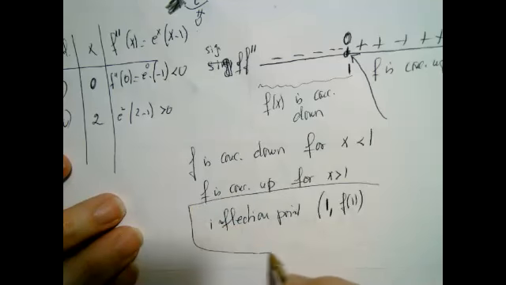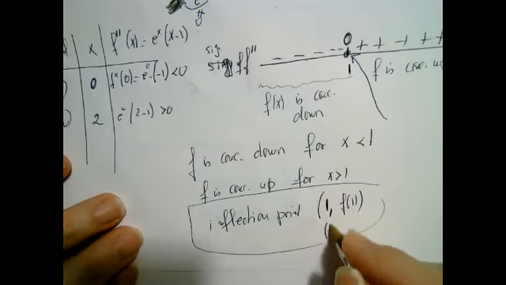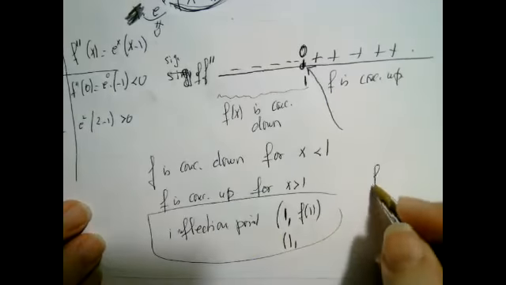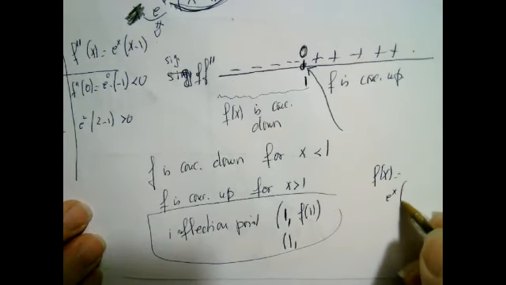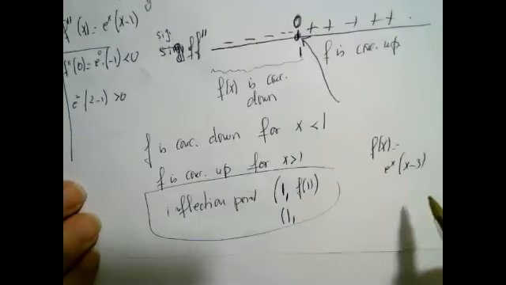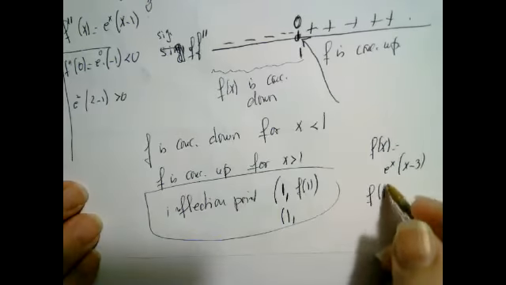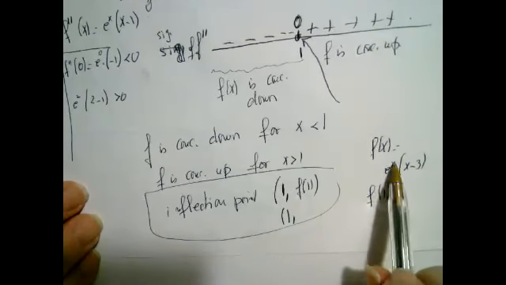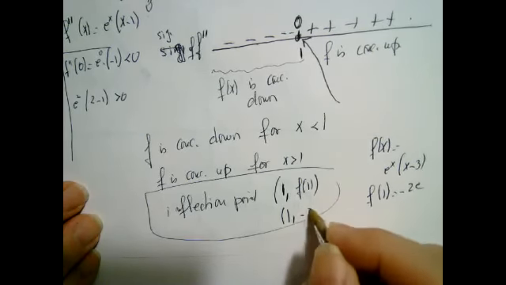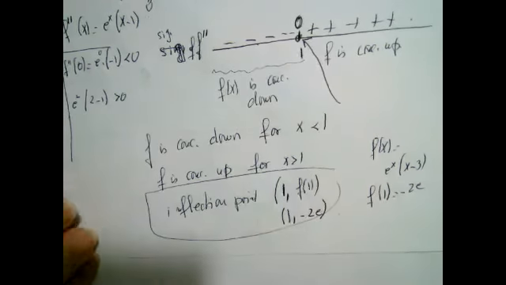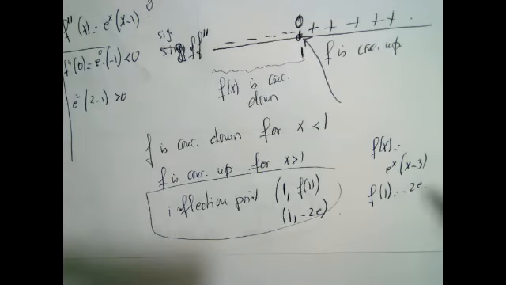In our case, my f of x is e to the x times x minus 3. So f of 1 is, I plug in 1 in here, e to the 1 times 1 minus 3, that's minus 2e. And that's the inflection point.